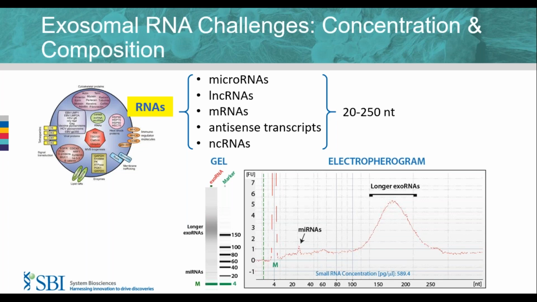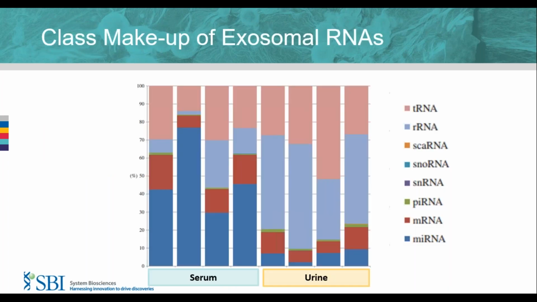One of the main challenges here is, one, the concentration is going to be very low. Two, one needs to be sure that it's not dragging any free circulating RNAs or ribonucleoproteins that may contain RNAs but that are not contained within the exosomes. Also, it's important to take into account that the makeup of the exosomal RNAs is going to vary a lot between individuals and between sample types.